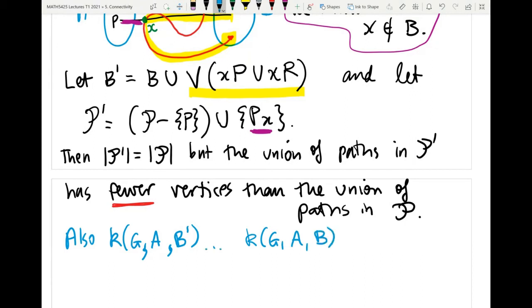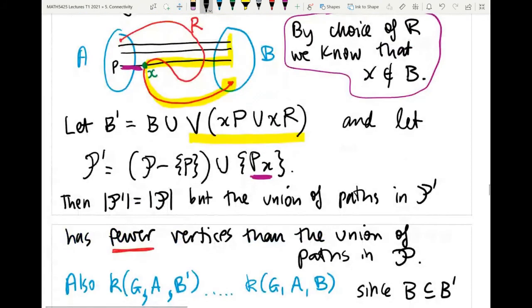So I want you to tell me less than or equals or greater than or equals here, and it's because B is a subset of B primed. So do you think it gets easier or harder in terms of the number of vertices you have to delete if you want to separate A from B primed, which is bigger than what you were separating A from before?